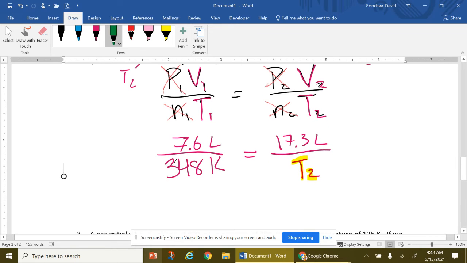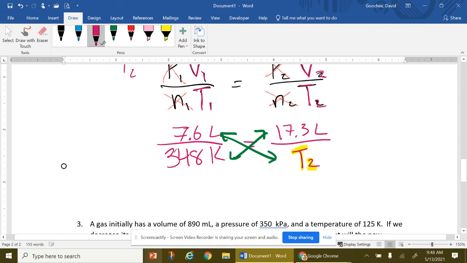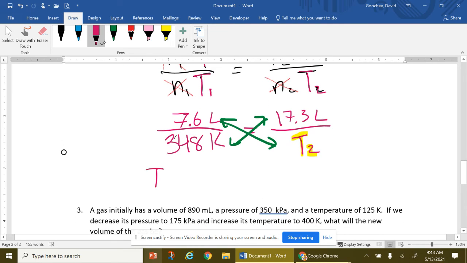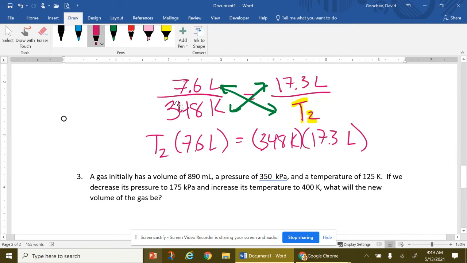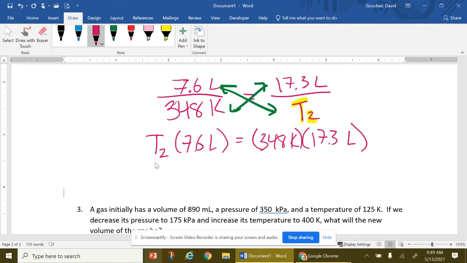So once again, we whip out our good friend, cross multiplication. The final temperature times 7.6 liters equals 348 Kelvin times 17.3 liters. Now again, to solve something means you've got to get it by itself.